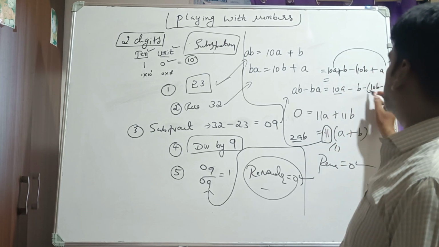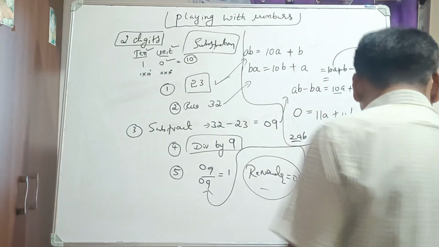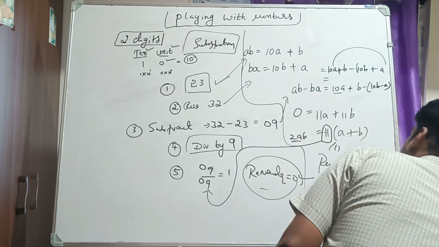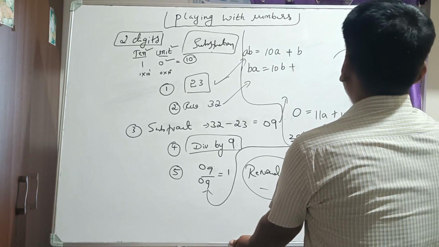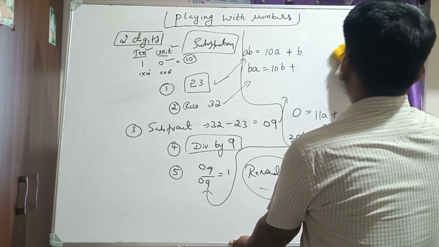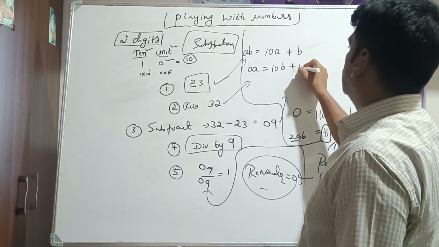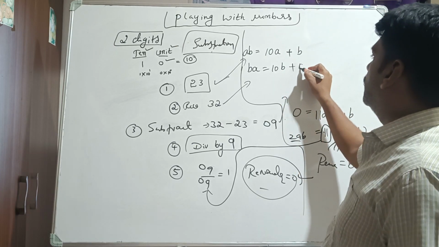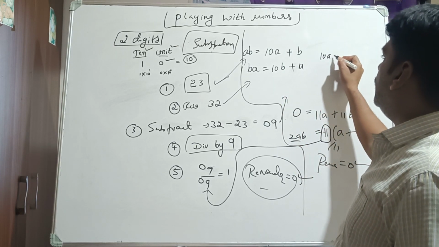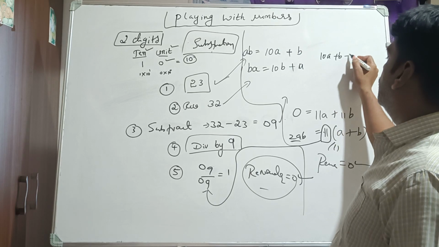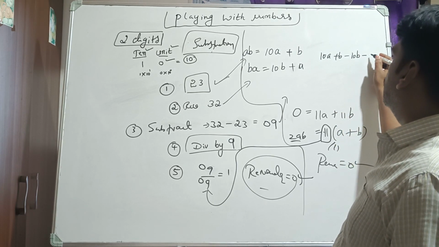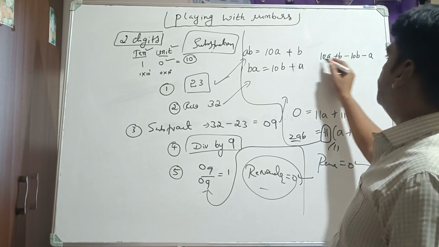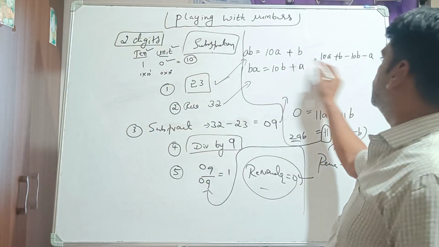That is correct. So what should we do now? 10a plus b minus 10b minus a. That is what we will get, right?